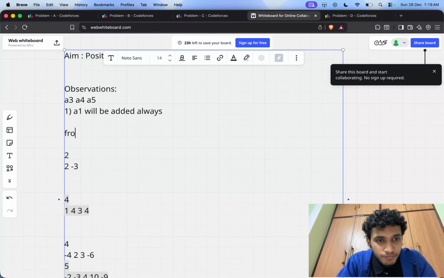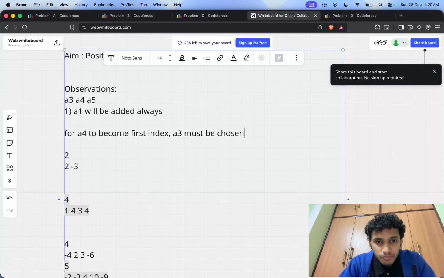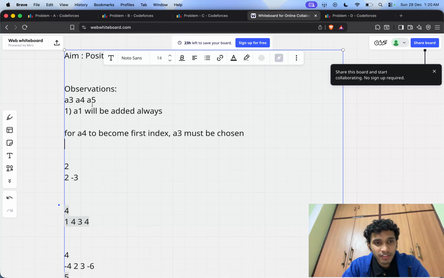For A4 to become first element, A3 must be chosen. And if A3 is not chosen, A4, A5 and every number after A3 will be subtracted. So if A3 is not chosen, the suffix of A3, that is A4 and A5, will be subtracted.